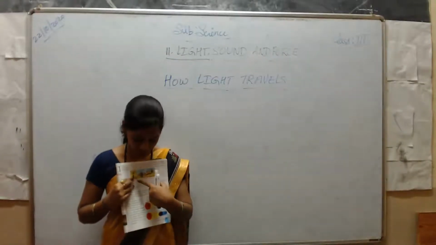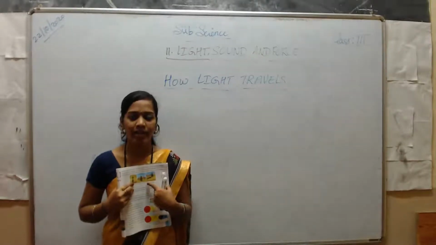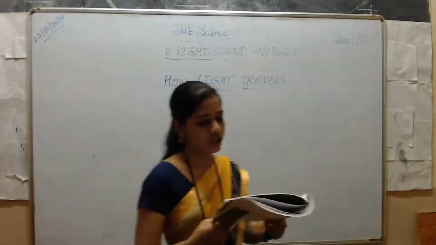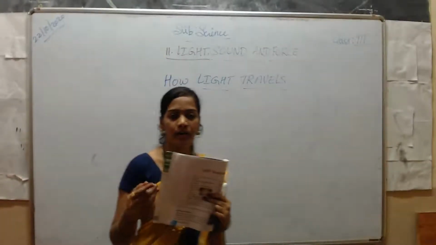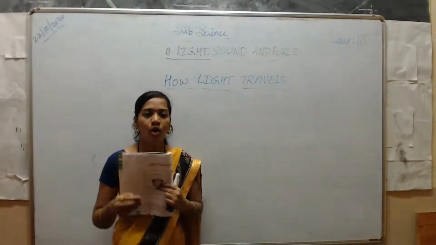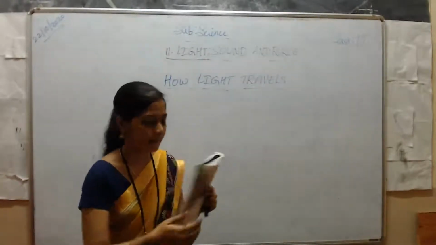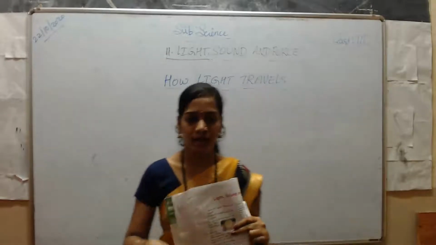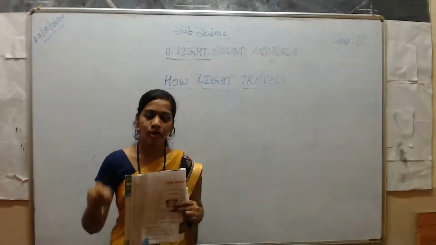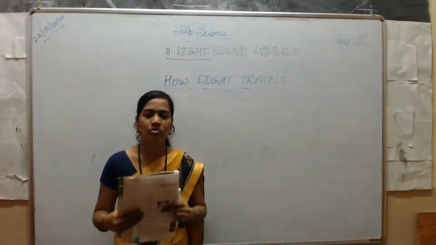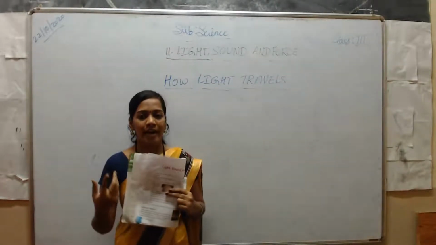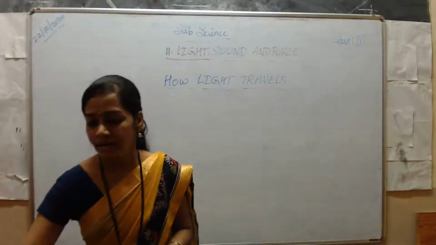Instead of a tree you can do one activity at home. Take your ruler, go and fix the ruler in the soil, in the ground, in an open space. Then you see the shadow of the ruler at different times, and you can see it differs.